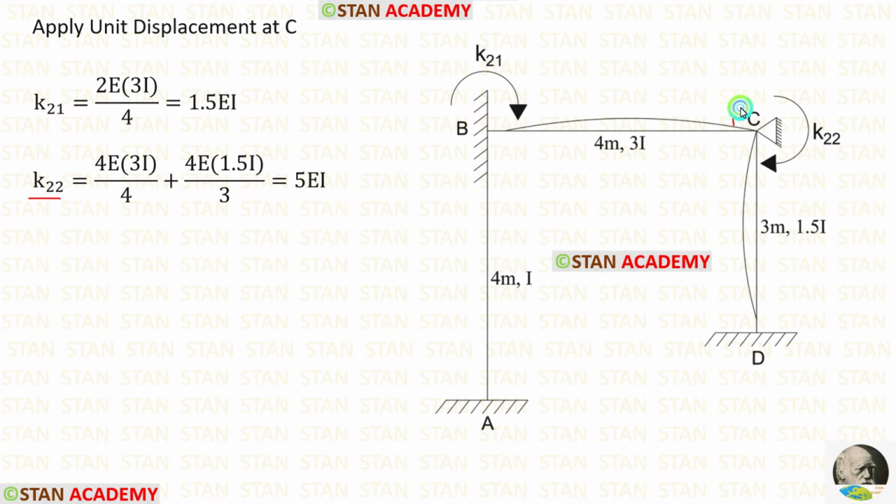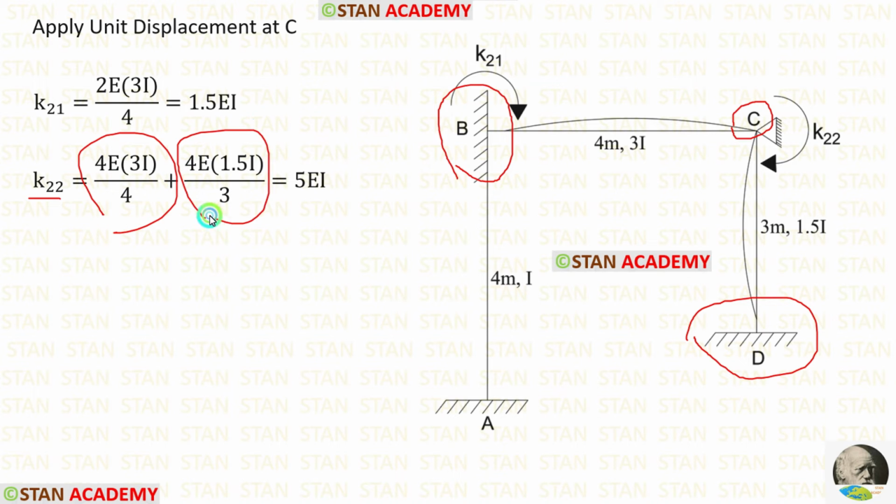For that, from the point C, we have to look at the other ends. In the end B, there is a fixed support. In the other end D also, there is a fixed support. If the far end is fixed, the formula for the stiffness is 4EI upon L. Length of CB is 4 and the moment of inertia is 3I.